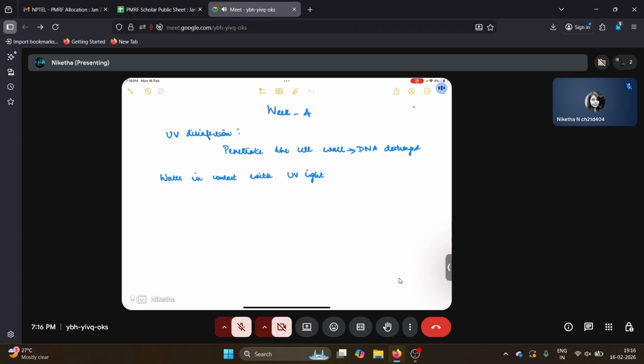It can be classified into two categories based on the intensity that is required. The first one is low pressure, which generates low intensity monochromatic light.